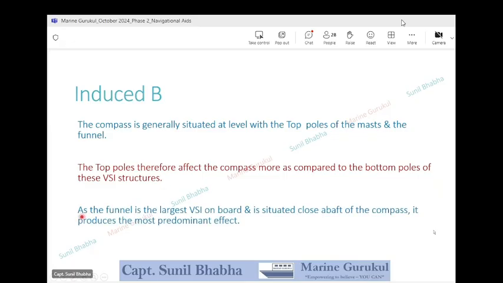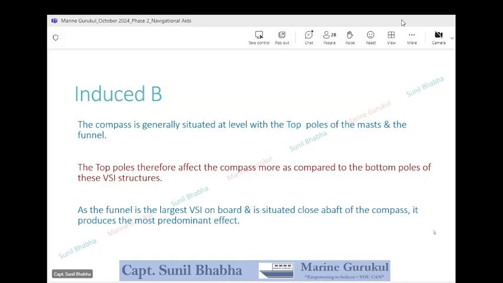Second thing to note is that funnel is the largest vertical soft iron structure on board. We may have the masts, we may have the cranes, aft mast, but the amount of steel which is used in construction of the funnel is much more, as well as the size of the funnel is much more as compared to the size of masts or cranes.